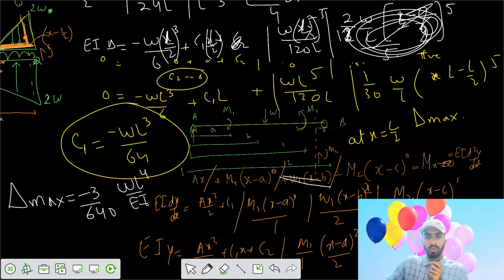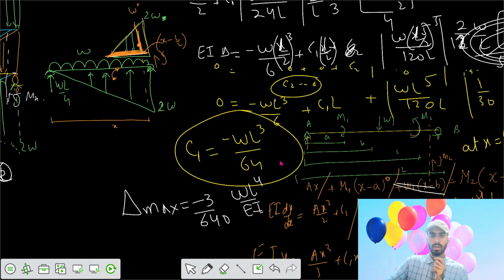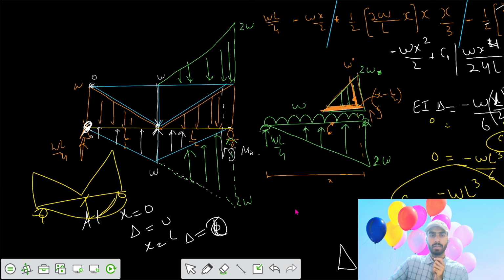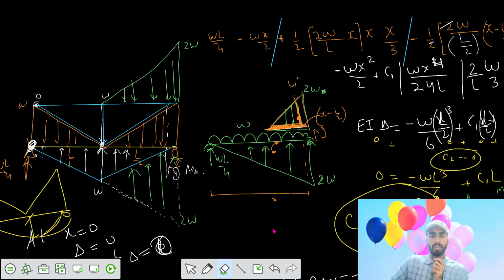We could also solve that by superposition, which we have not studied till now, so we can skip it for the later part. So I think we should end the class because we got two methods.